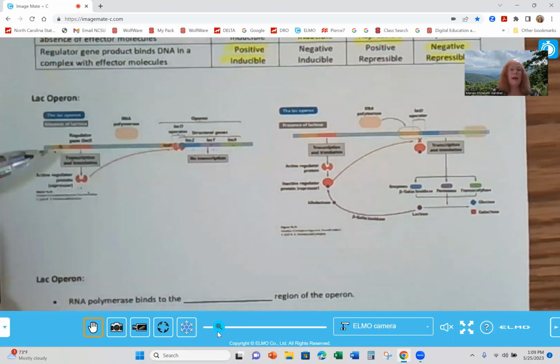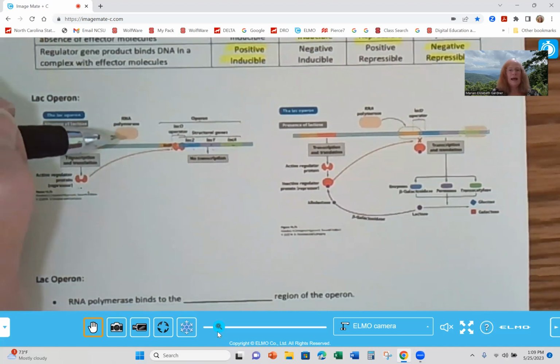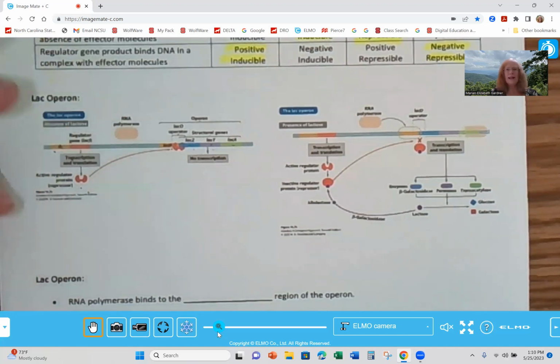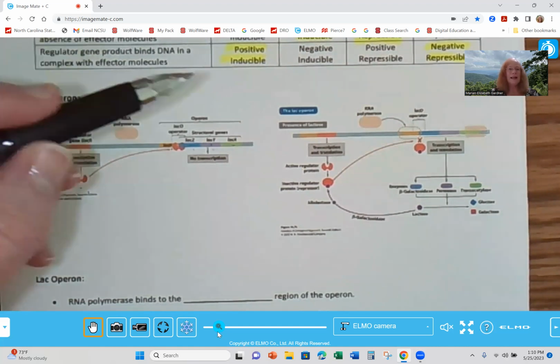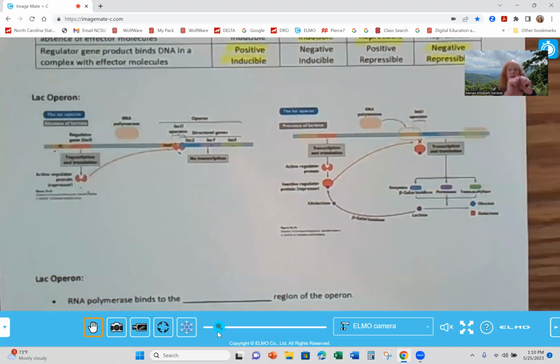LacZ makes the enzyme beta-galactosidase, lacY makes the enzyme permease, and lacA makes transacetylase, and we're not quite sure what transacetylase does. LacZ actually splits the lactose into glucose and galactose, because that's what beta-galactosidase does, and then permease helps the lactose to get into the cell.